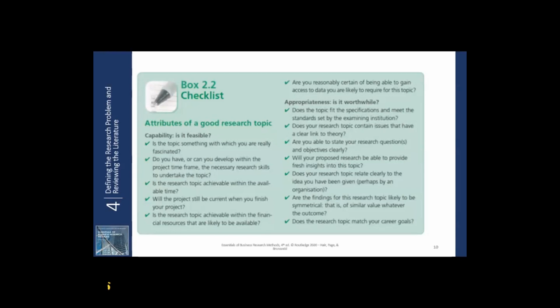We already talked about the fact that the resource constraints have to be evaluated against the research topic. So there are several questions that you can ask to determine capability. Then appropriateness, whether it is worth it. There are a lot of questions that you can look at to determine that. I will not go through that.